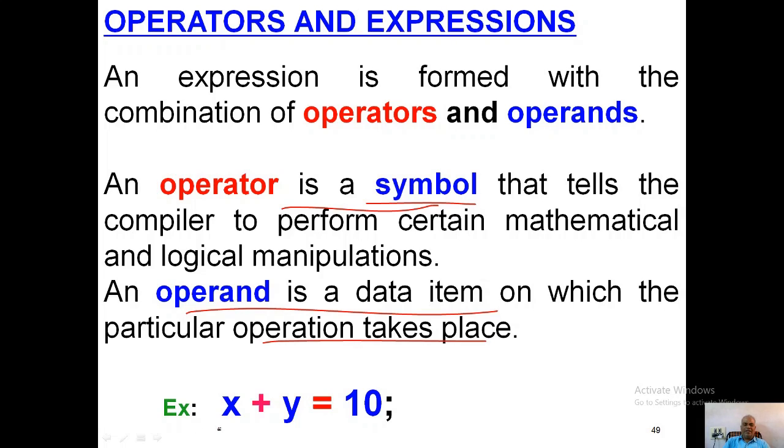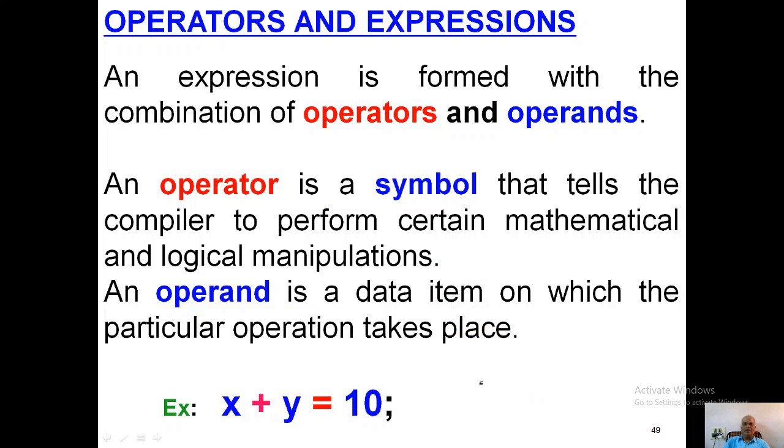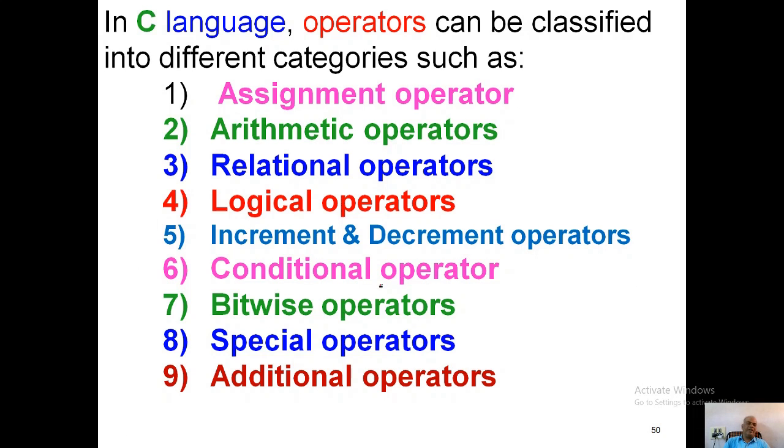Here in our example, x is an operand, y is an operand. These data items take part in the operation through plus, because here the operator we use is plus. So an operator is a symbol, an operand is a data item on which the particular operation takes place.